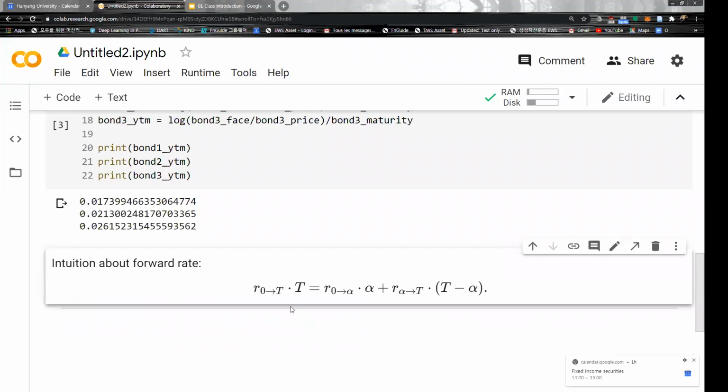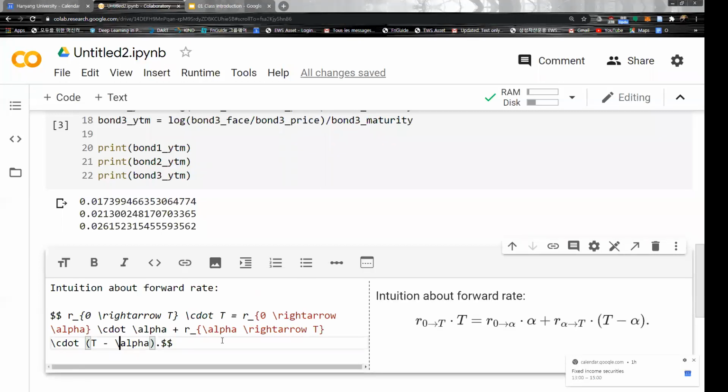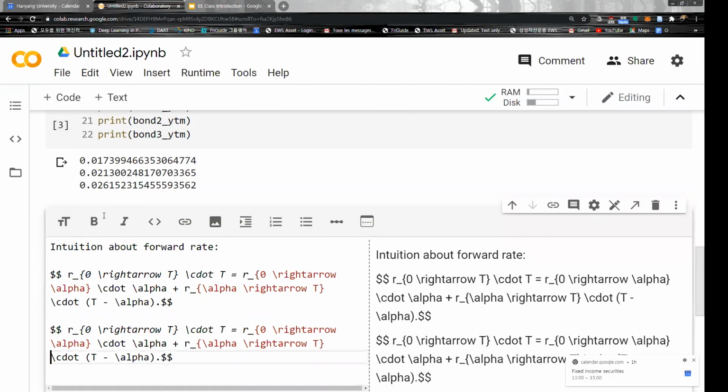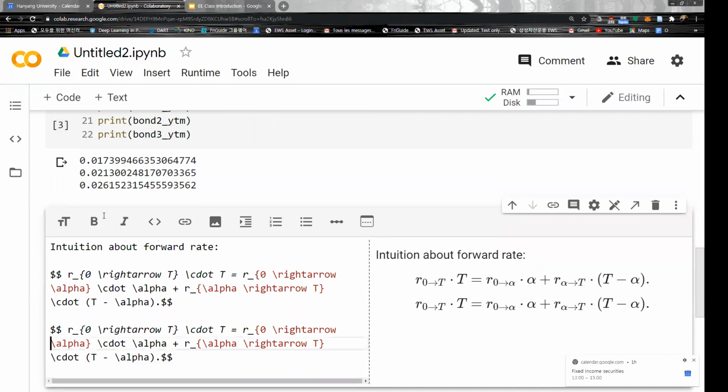This is intuitive, right? So the gross return over big T period, R from 0 to big T, can be decomposed into the return from 0 to alpha, gross return over alpha period, and from alpha to T, the second part. And this should hold. For forward return, because the second part is the forward return, we can calculate the second part.